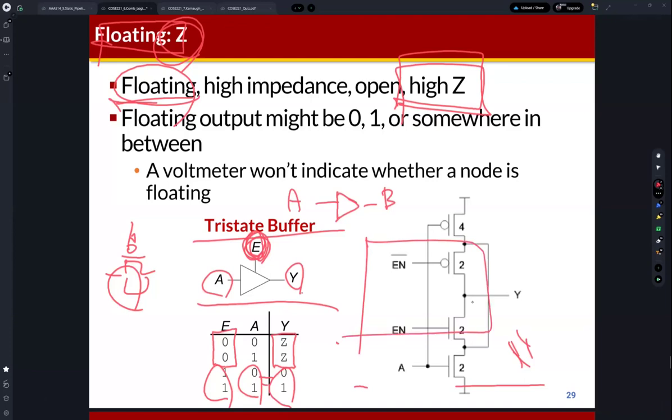It means that the output can be disconnected or connected to A, equivalent to the value of A. So this is the tri-state buffer. But anyway, in order to represent this disconnected case, we need to use the high Z.